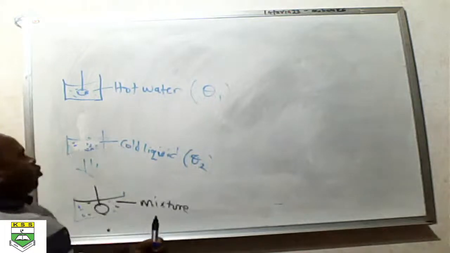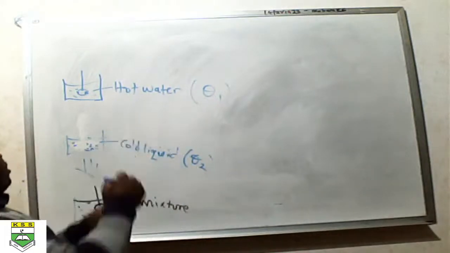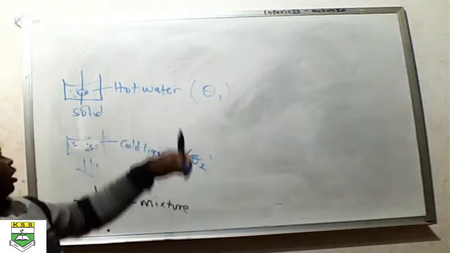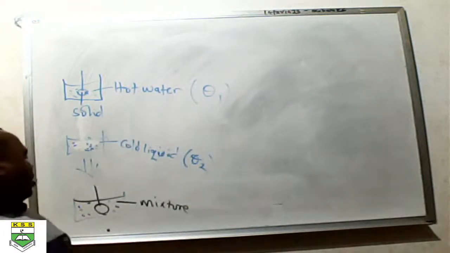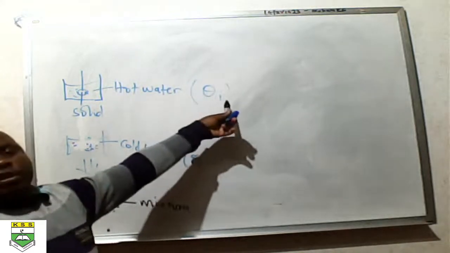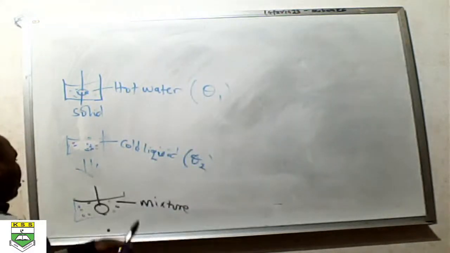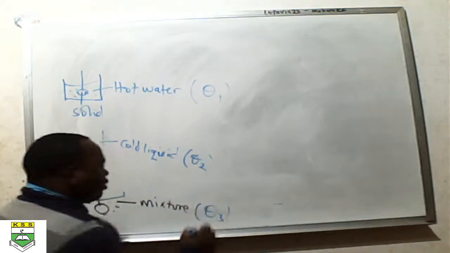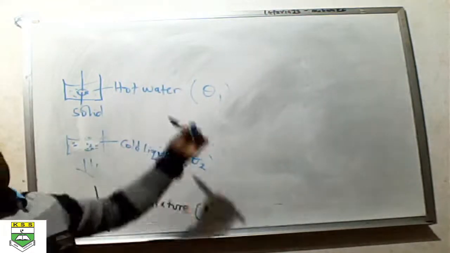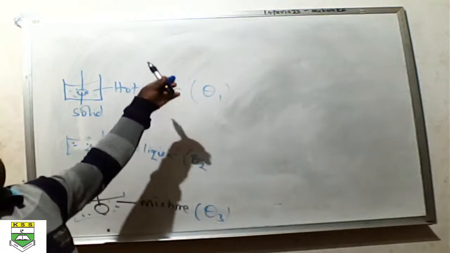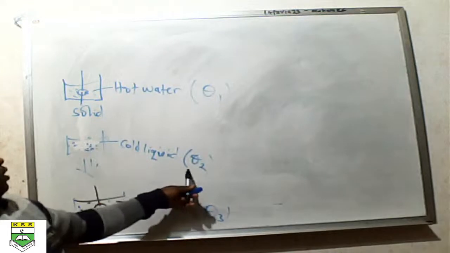If I have this solid and I boil it in hot water, and then I quickly transfer it into the cold liquid, this is at temperature θ1, this is at temperature θ2, then we shall form a mixture which is going to be at θ3. This one is at a very high temperature, this one is at a very low temperature.